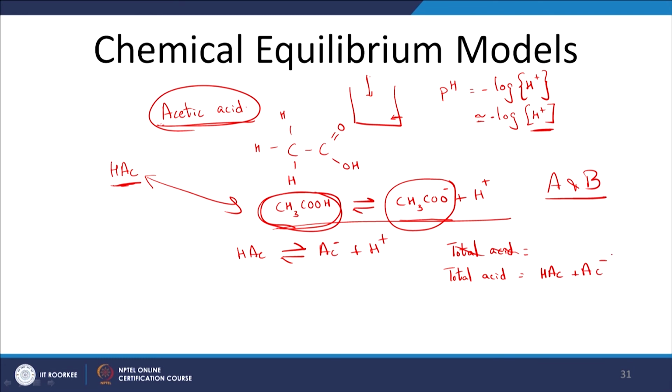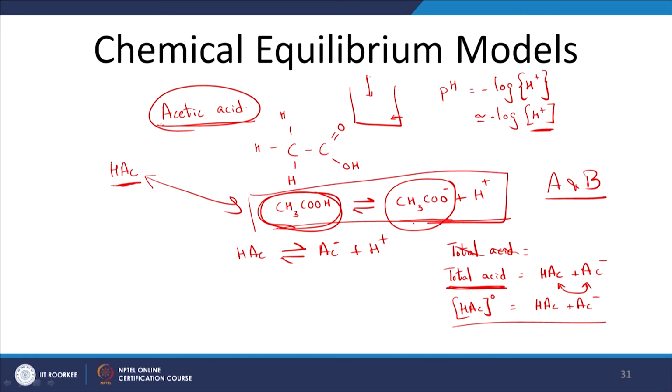The total acid that I add initially, HAc naught, is going to be in the form of either HAc or Ac minus. So this is an additional equation, and I can use it with the other equilibrium models. For example, for this equation I will have an equilibrium constant value, or acid dissociation constant, and I will be able to solve the system. This is one way to go about this chemical equilibrium model.